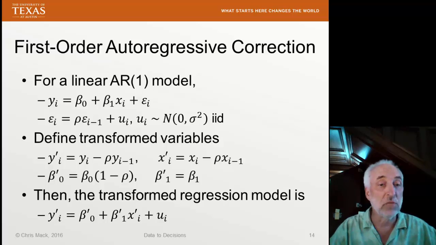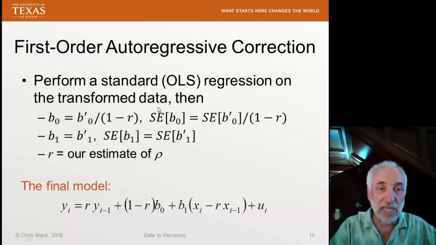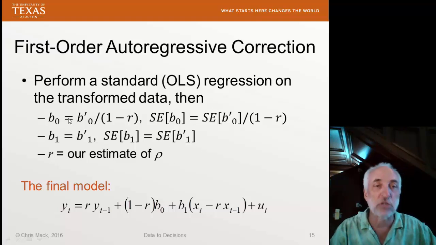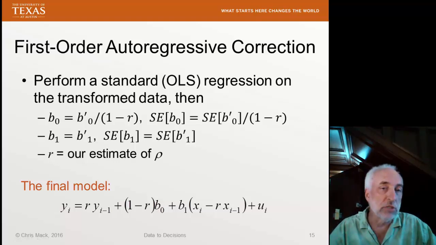We get estimates of beta 0 prime and beta 1 prime. From these estimates, we have estimates for the standard error of beta 0 prime and standard error of beta 1 prime. We can transform back to our original model. We can get our original intercept, B0, and our original slope, B1, with new standard errors for each of them as well.